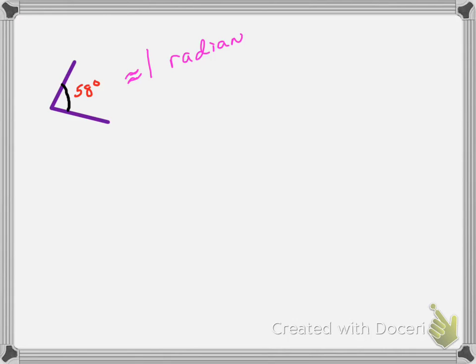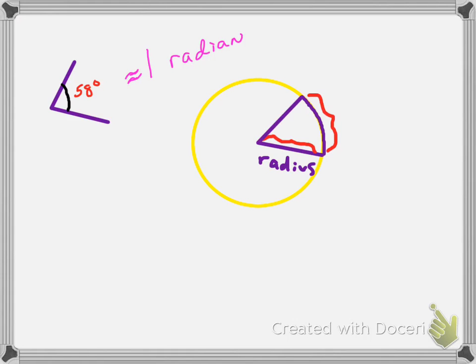That doesn't look like a 58 degree angle on my picture though. That looks more like a 90 degree angle. So my picture's not very good. If I take that angle, that one looks more like 57, 58 degrees.